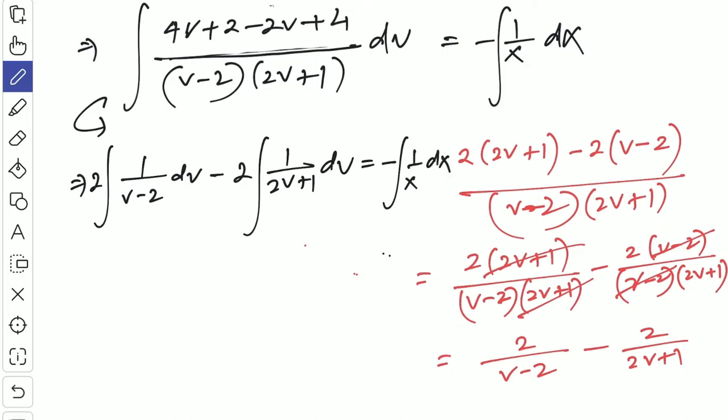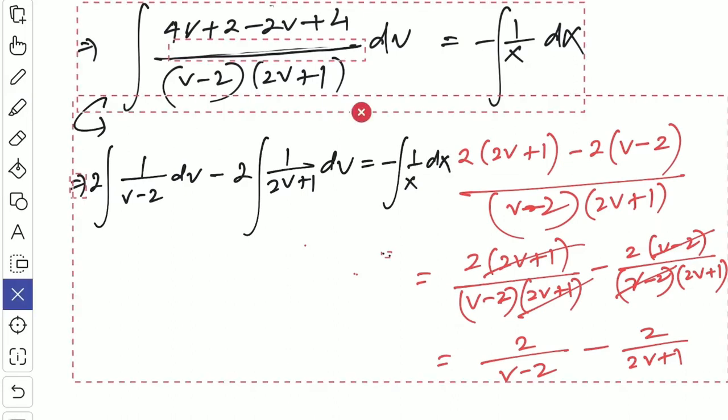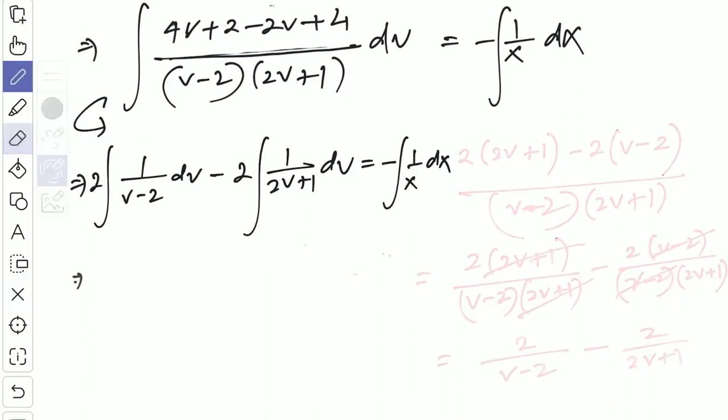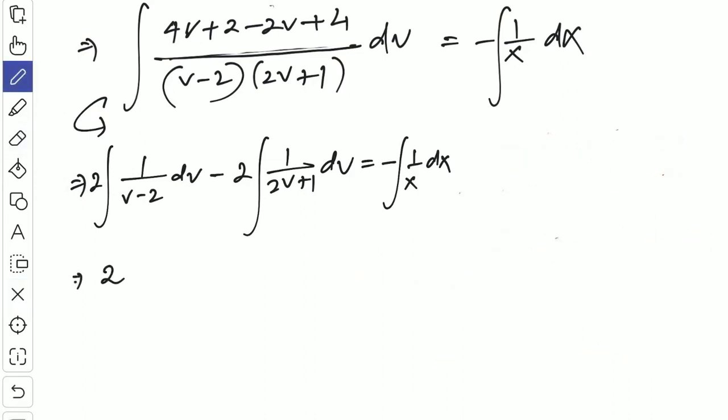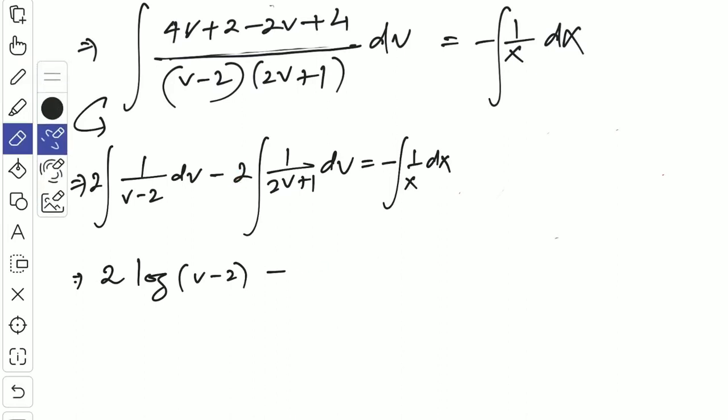So after integration, you will get 2 log of (v minus 2) and minus, let us keep this 2 here.